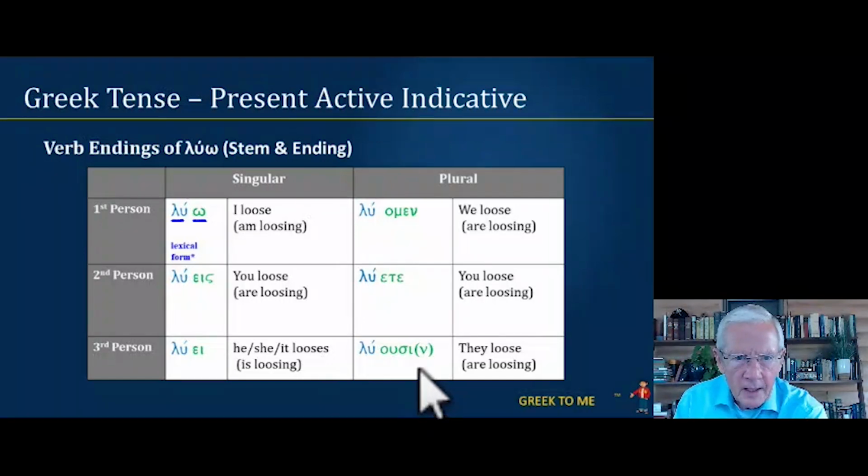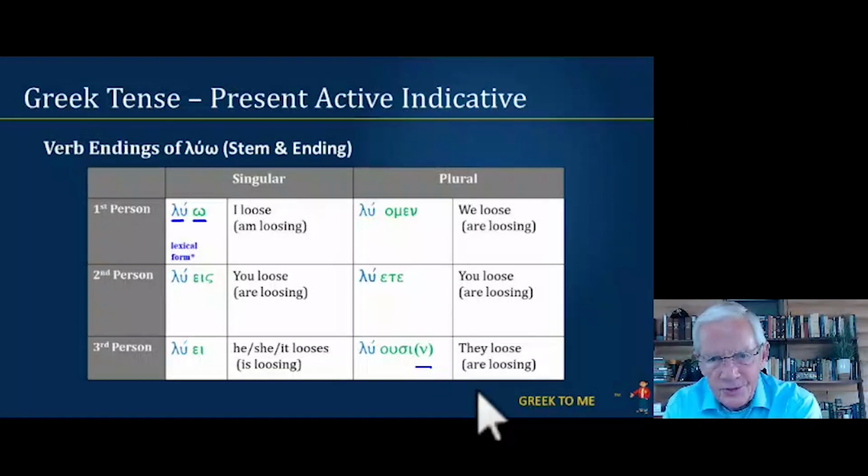Now, notice in the third person plural, we have a nu that's in parentheses because sometimes that ending will have the nu attached to it. Now, let me just draw attention to the fact that in English we do the same thing. We say a horse or an elephant. A horse, an elephant. Now, why do we add the letter N to A?